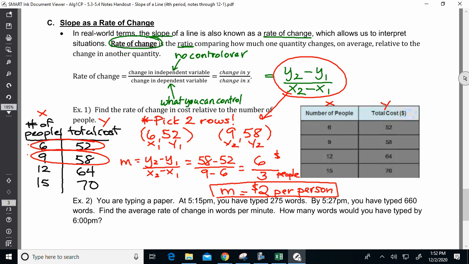The explanation part takes a little bit longer just because it's being explained. Some of you probably already finished the problem. Questions on example 1?